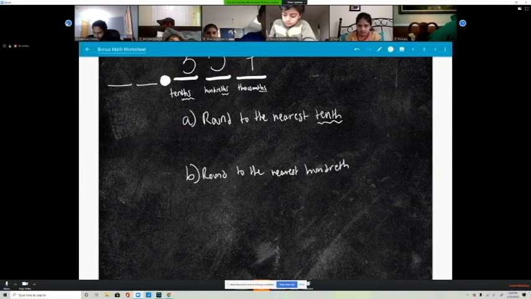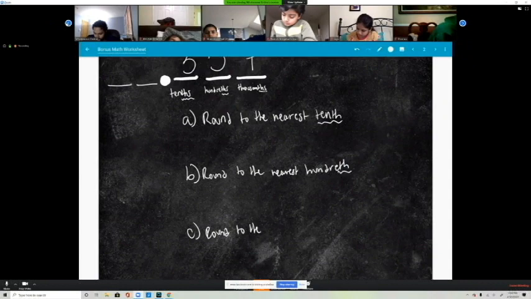And then C is going to be a little weird: round to the nearest 1,000. And then we'll go through the steps there.